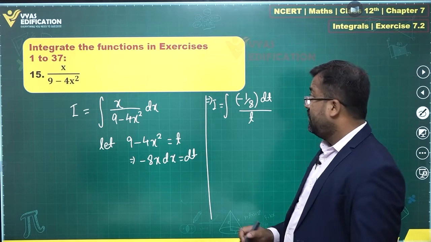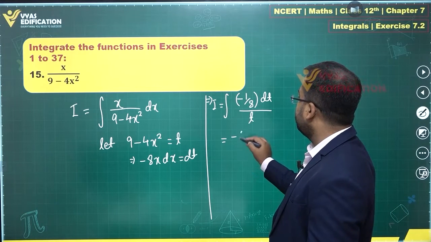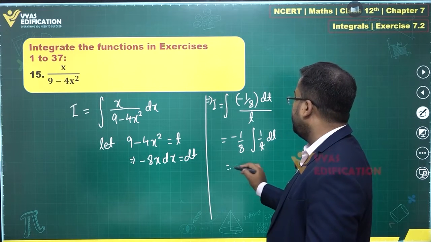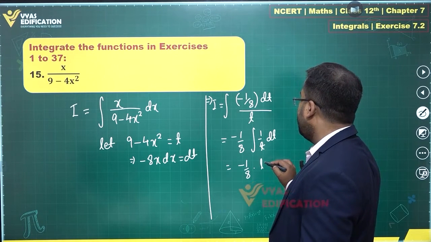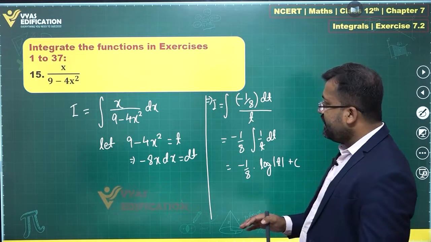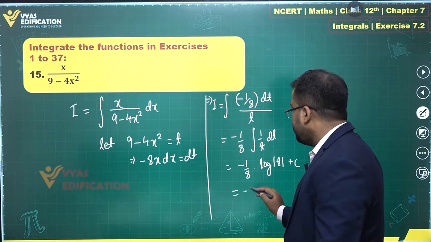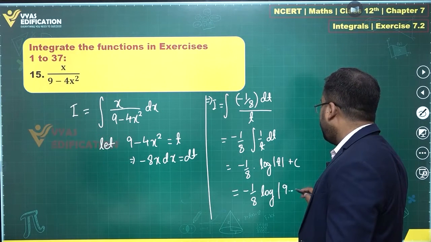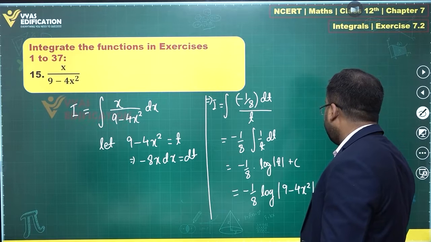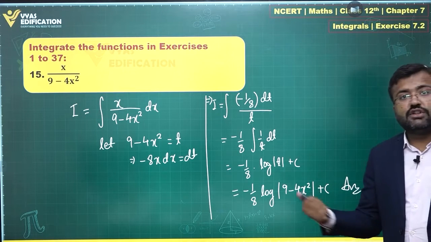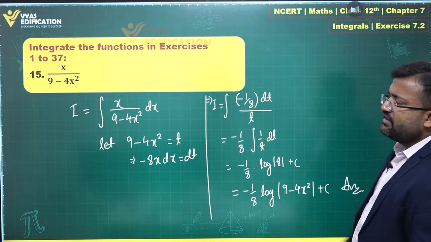Okay. And this is minus 1 by 8, okay, integral of 1 by t dt, what does that convert into? Minus 1 by 8, okay, this is log modulus of t plus constant. We can substitute t from there. Minus 1 by 8, okay, log of modulus 9 minus 4x square plus constant, and that is the required answer for this question over here. That's the final solution for this question.